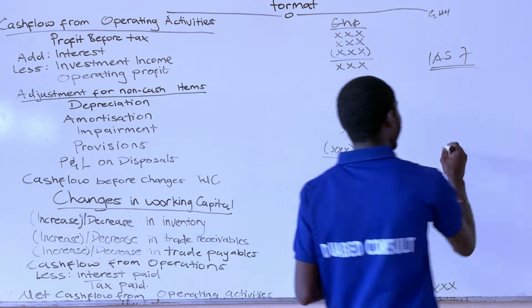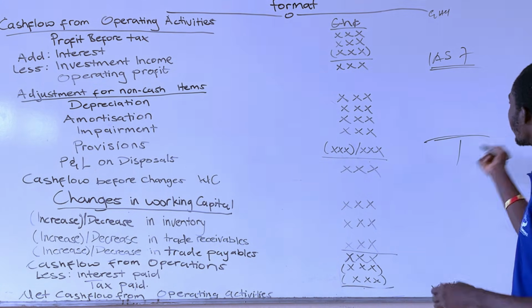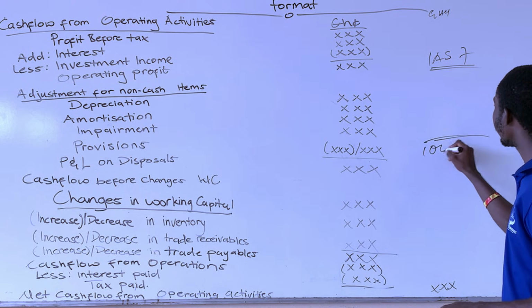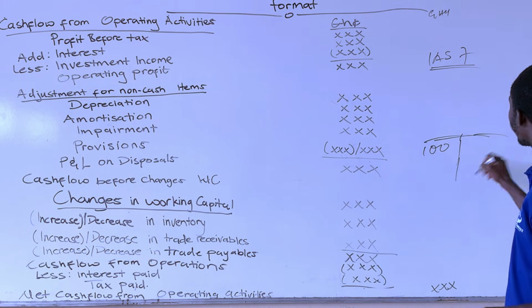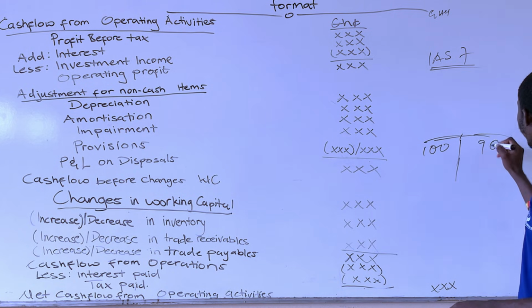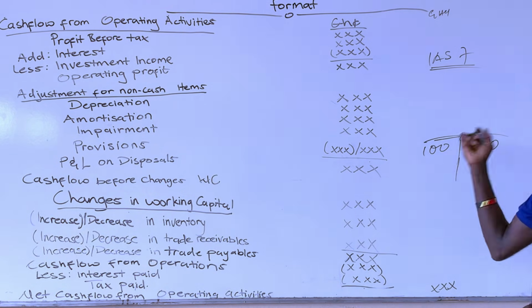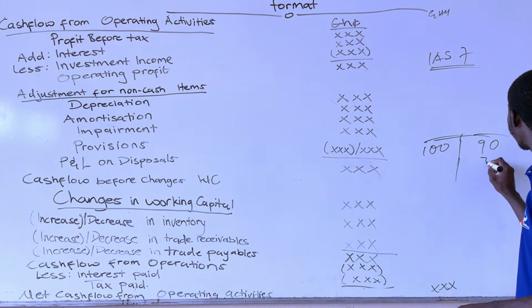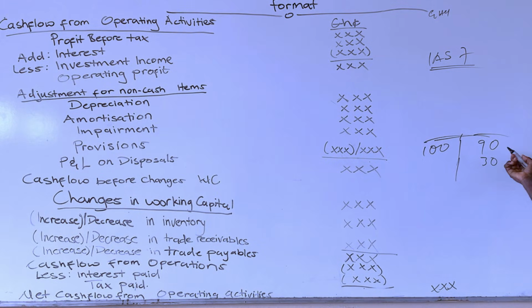So let's assume that the cost of an asset is 100 cedis and we have charged depreciation of 90 on the asset, and then we sold the asset for 30 cedis. So it means that the organization has enjoyed benefits of 90, and then we sold the asset for 30. So 90 plus 30 will give us 120.